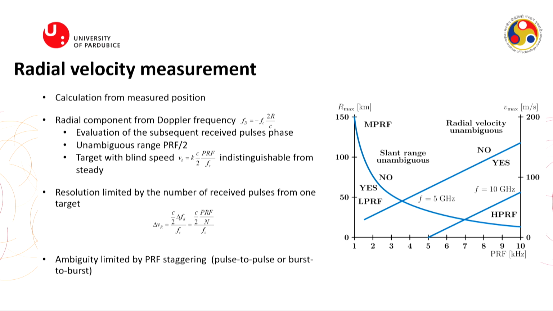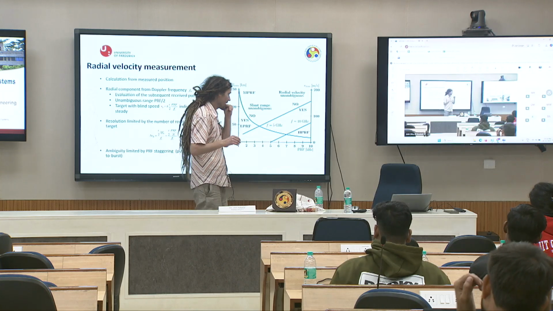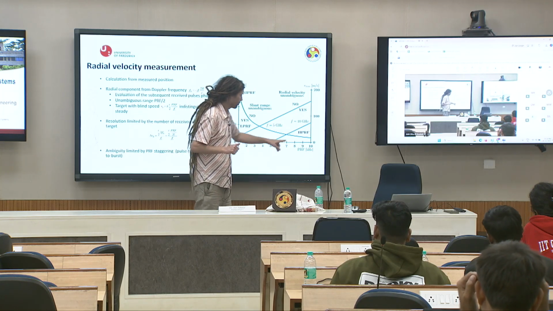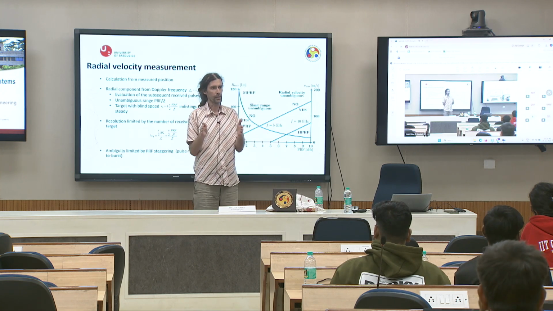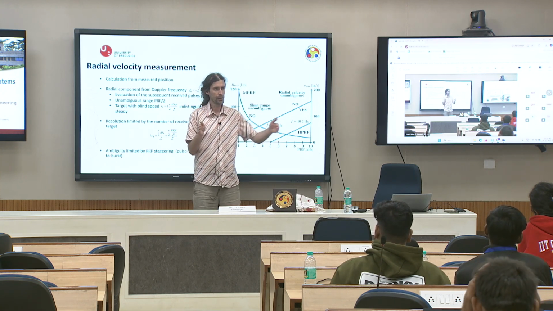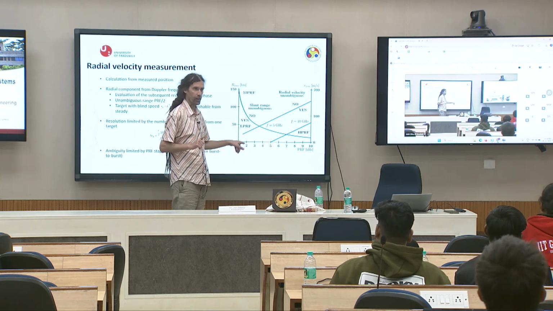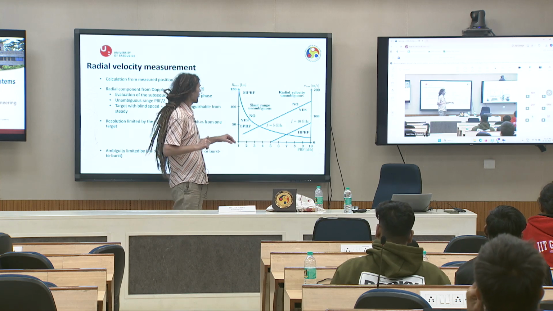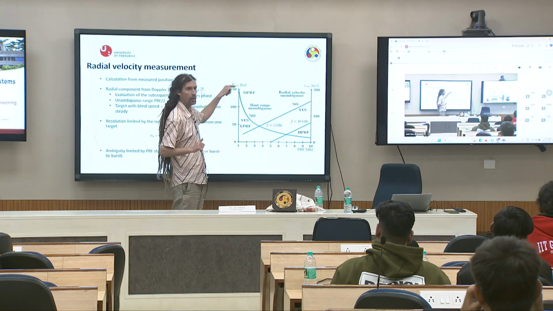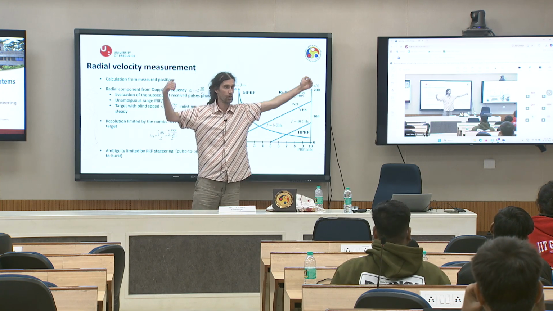Imagine, on the X axis we have PRF, pulse repetition frequency. It is the inverse value of the pulse repetition interval. So if the pulse repetition interval is longer, the frequency will be lower, of course. And I have a higher unambiguous range because it is a longer period.